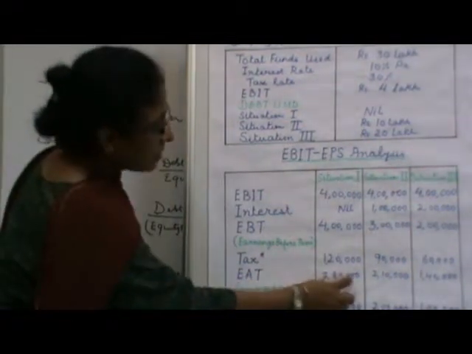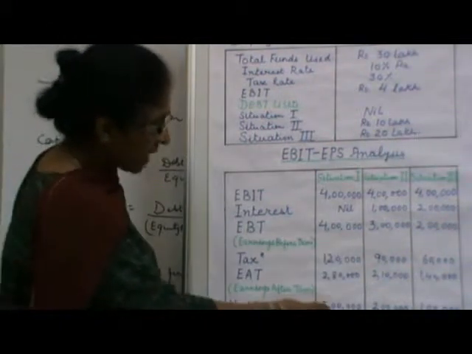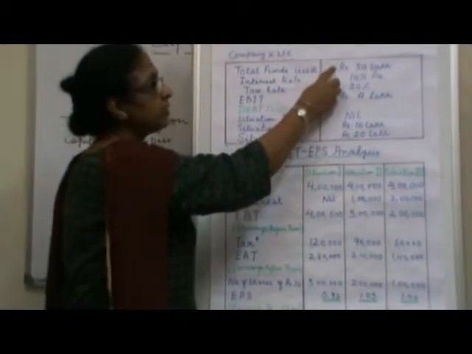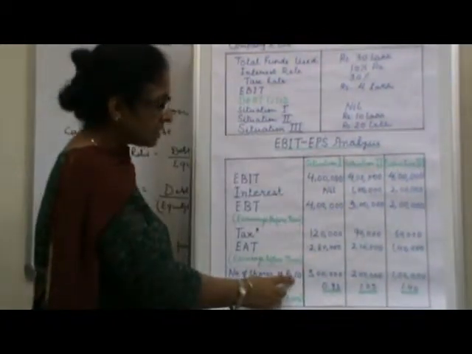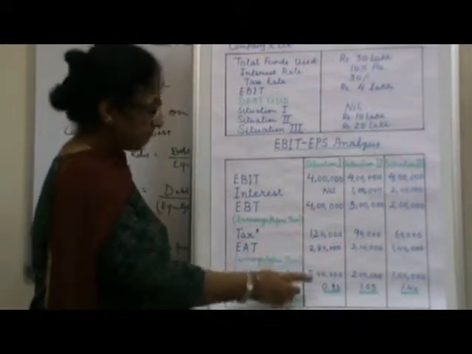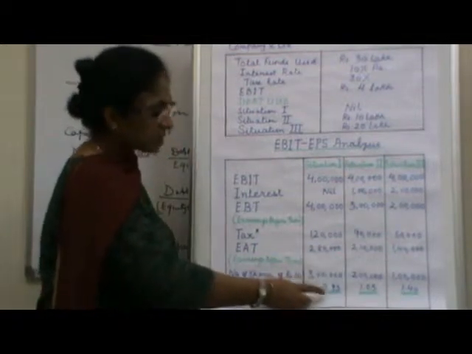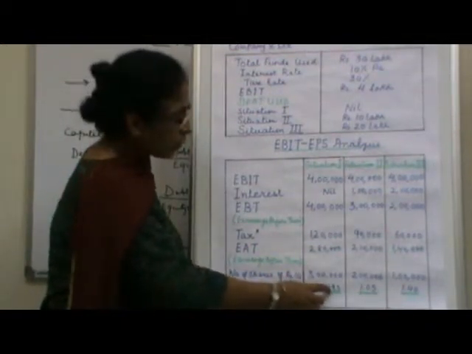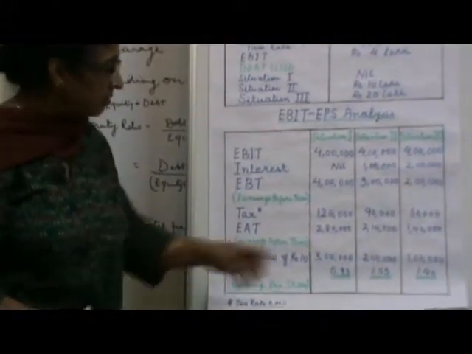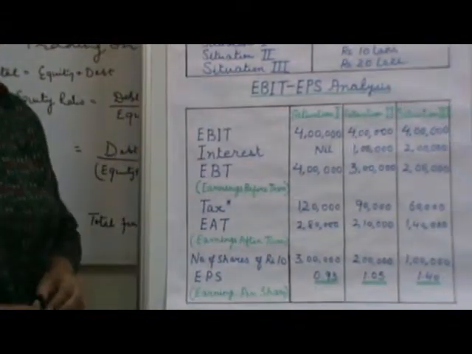The number of shares is 3 lakhs, because our equity capital is 30 lakhs and each share is of rupees 10. Earning per share, that means 2,80,000 divided by 3 lakhs, comes to 0.93. That means every share is earning 93 paisa of profit when no outside funds have been employed.